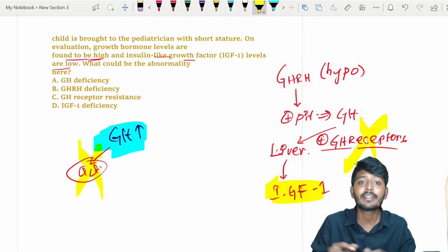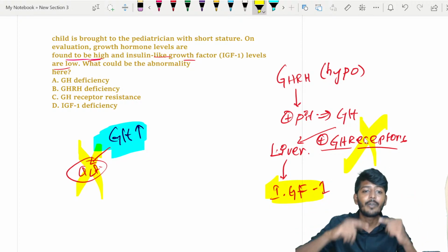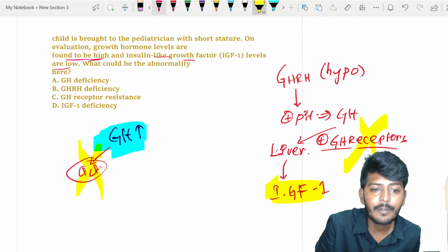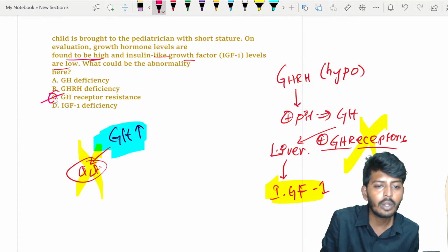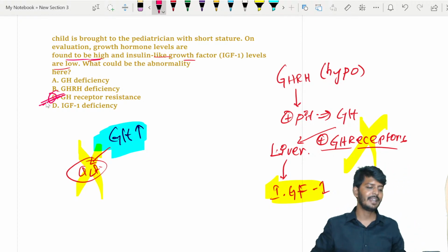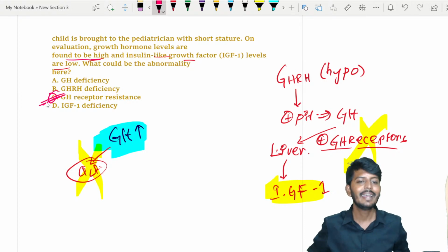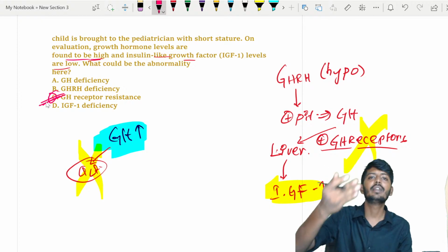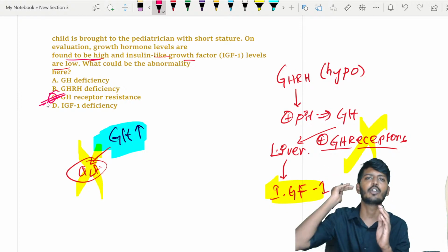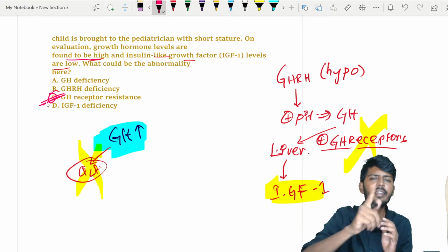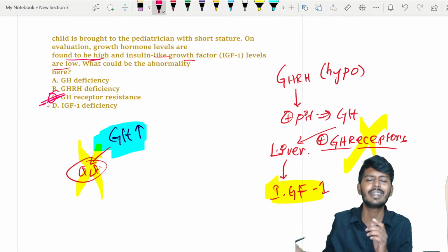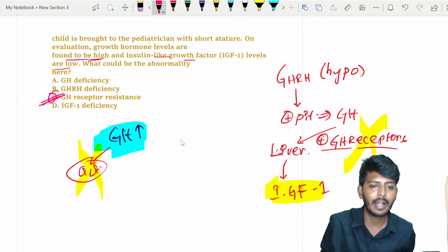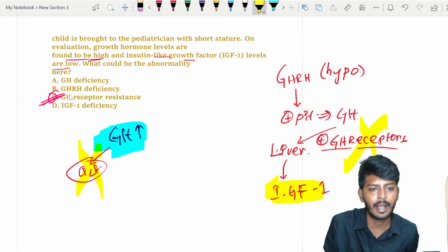So the answer will be growth hormone receptor resistance. The answer will be C, children. In the normal scenario, if growth hormone is more, there should automatically be an increased level of IGF, insulin-like growth factor. But if that is not happening, it means the receptors are not working. So the answer is resistance of the receptor.